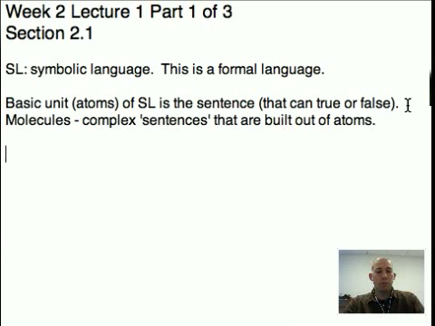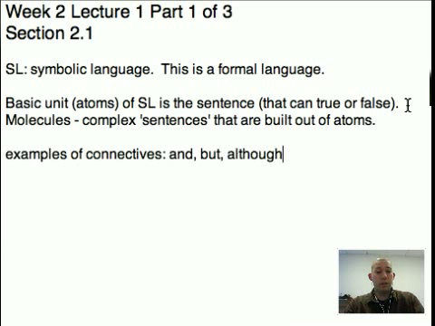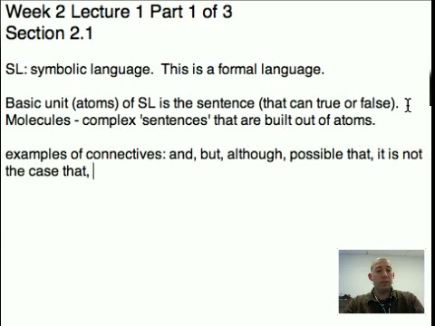So let's go through some examples of connectives in natural language. We have ones like and, but, although, it is possible that, it is not the case that, and let's think of one more. Or is always another great example. So what I mean is we can combine two sentences into a more complex sentence.